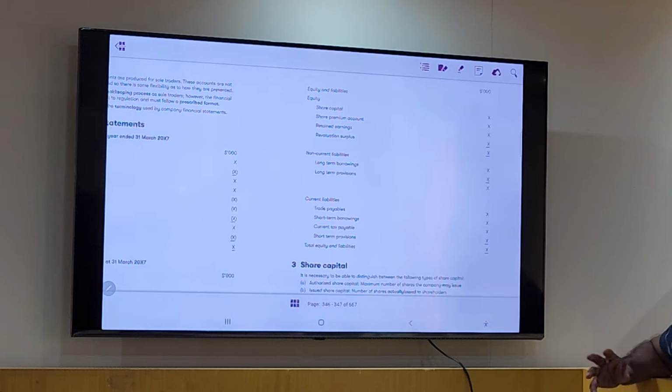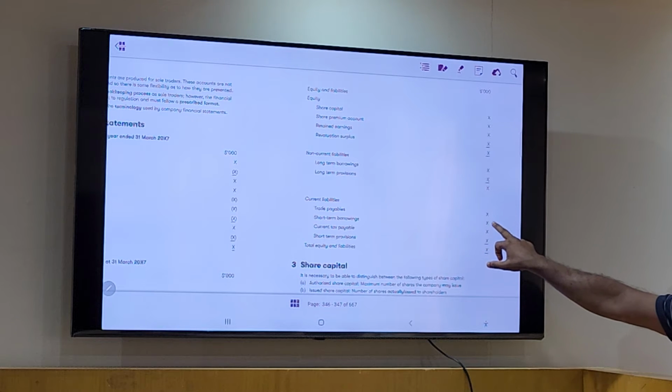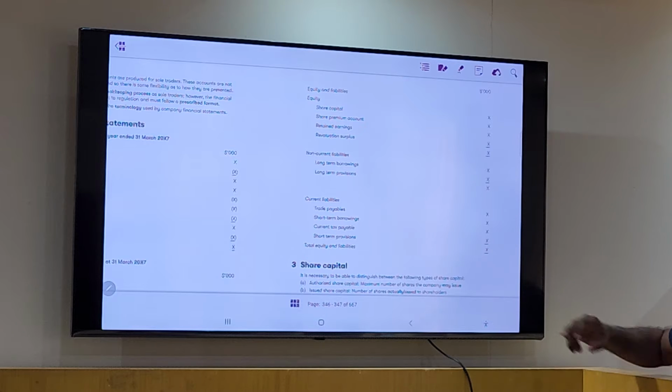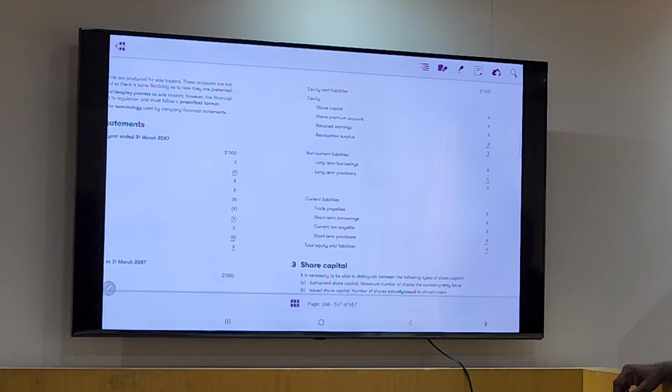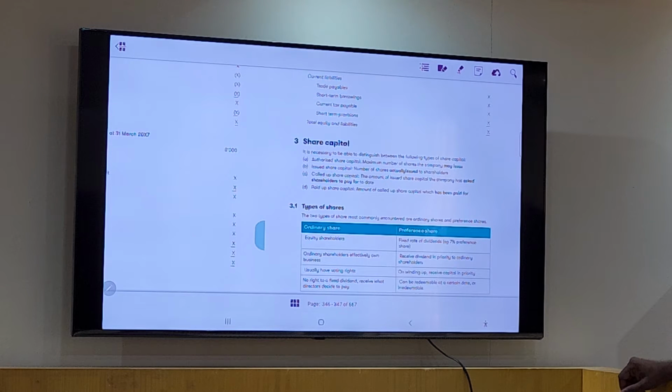Sometimes you will have provision which is long-term. And then current liabilities: trade payable, short-term borrowing, tax, and other short-term provisions. So the sole trader to this one, the company account is a little bit changed.